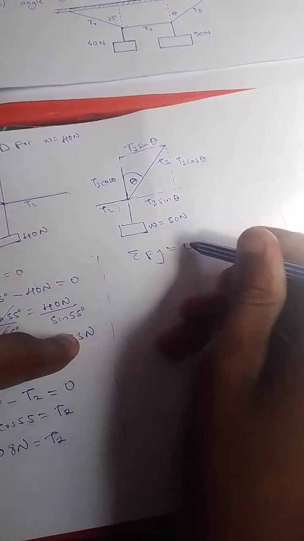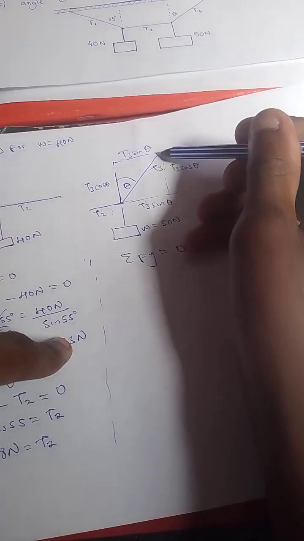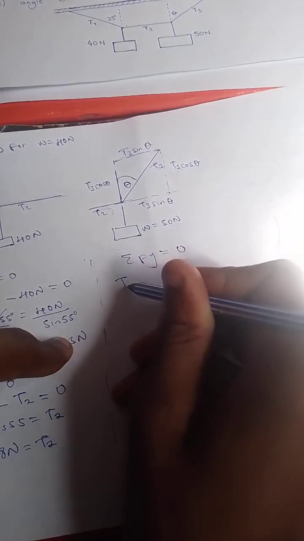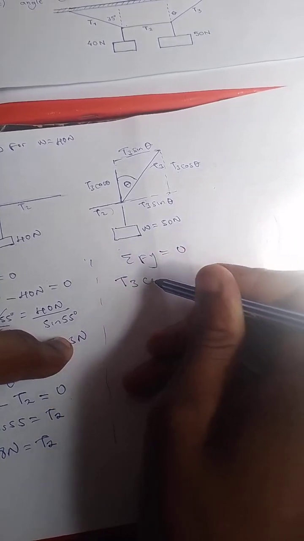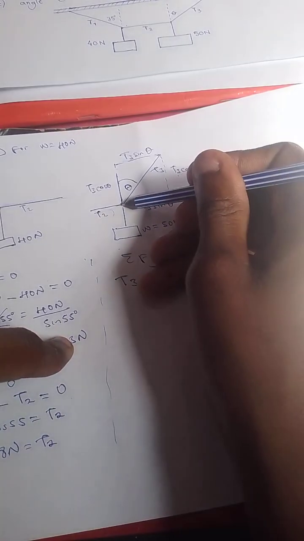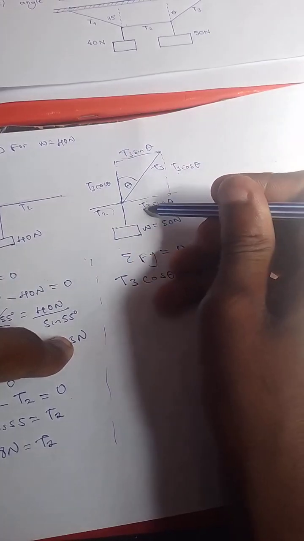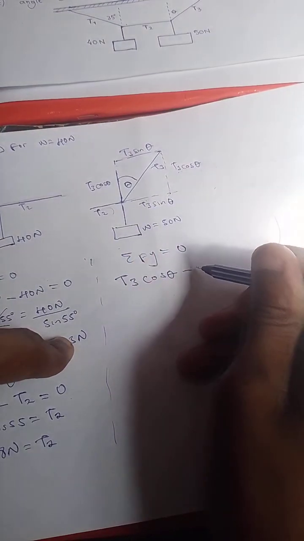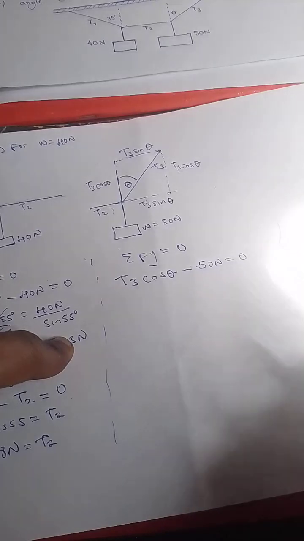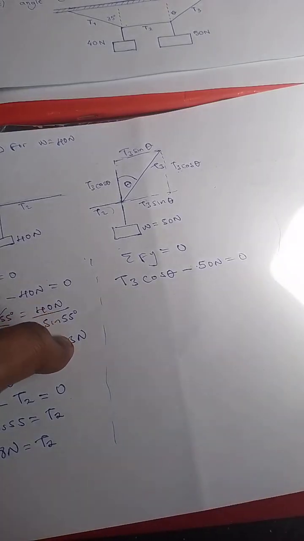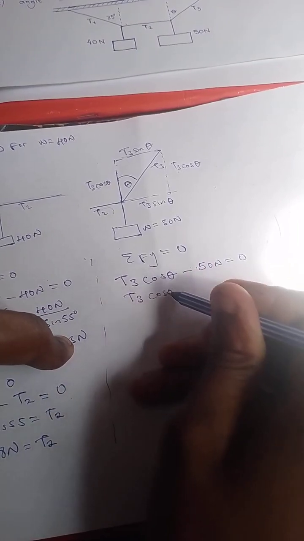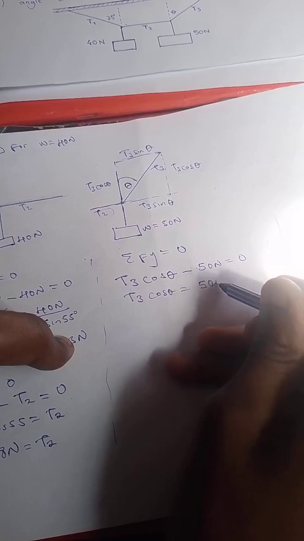The upward force is T3 cos of theta, minus the downward force, which is my weight, equal to 50 newtons, should be equal to 0. So T3 with the cosine of theta should be equal to 50 newtons. This is my first equation.